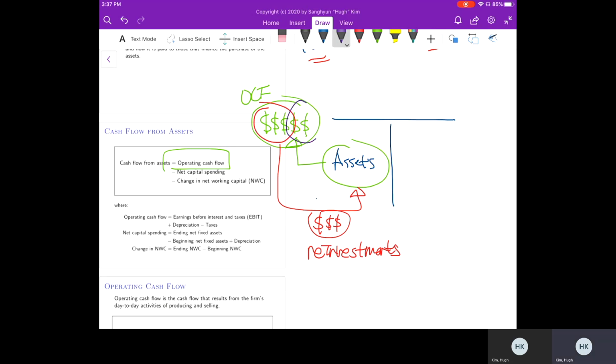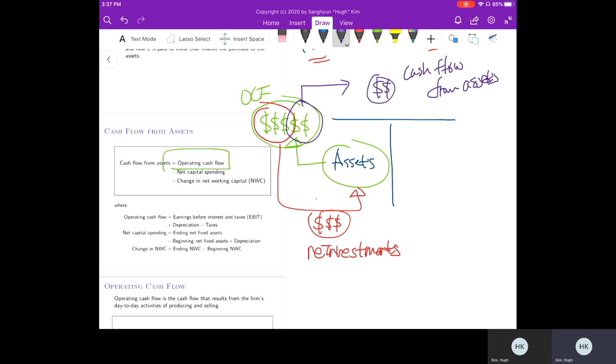And the remaining cash flow after this reinvestment is called cash flow from assets. So cash flow from assets has several pieces. We're going to study each component at a time.